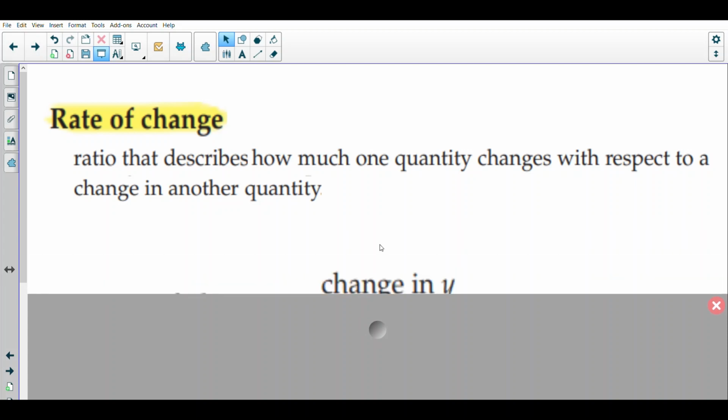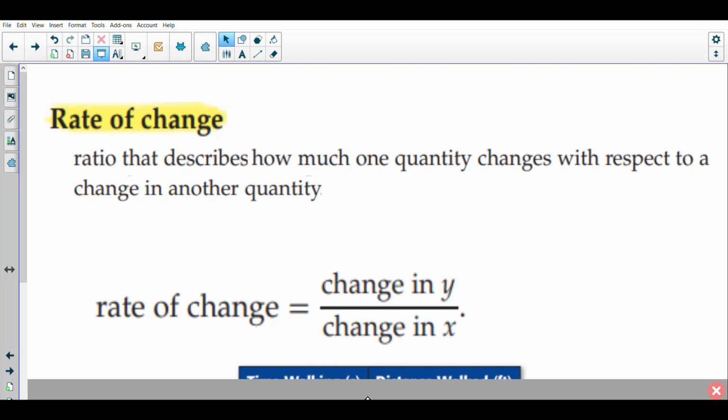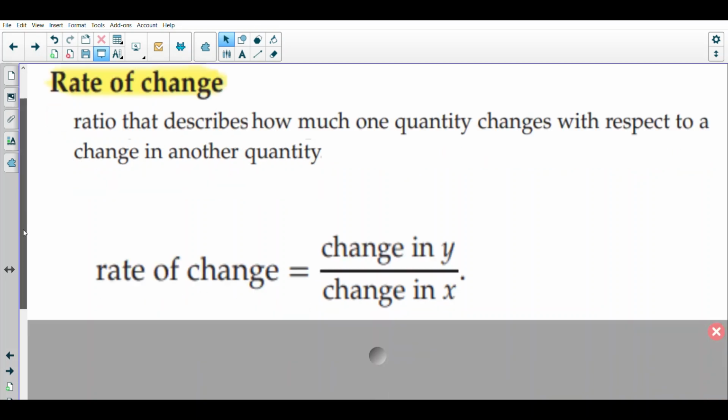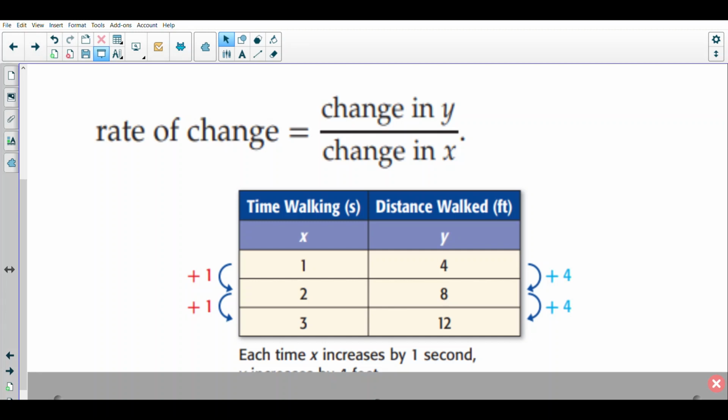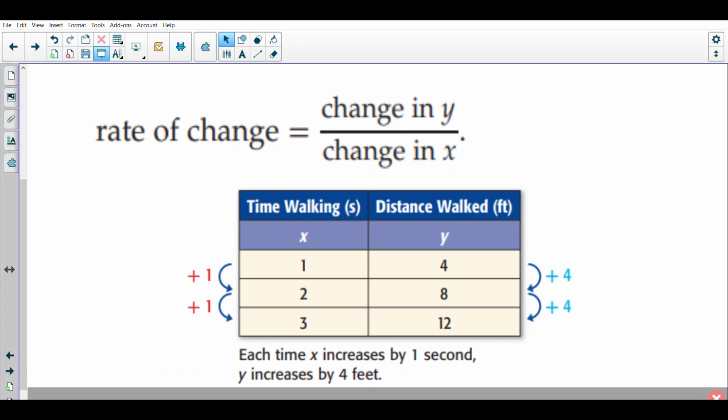In this current example, we have time walking versus distance walked. The more time we spend walking, the more distance we walk. For every second we walk, notice it's increasing by 1. Every 1 second we go 4 feet.